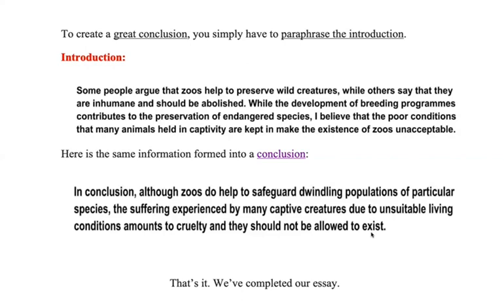So he mentioned that. He says, even though zoos help to preserve or protect, decreasing the numbers of endangered species, the problem here is the suffering is inhumane, the suffering experienced by many captive creatures, the inhumane experience that those animals have experienced in cages because of poor conditions, to brutality, and they shouldn't be allowed to exist.